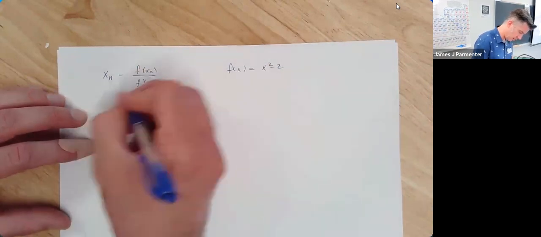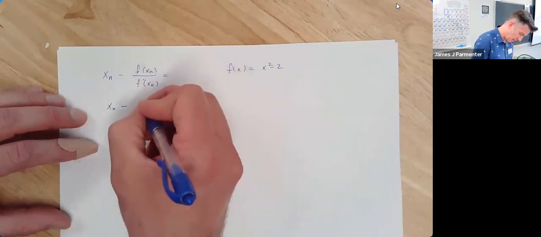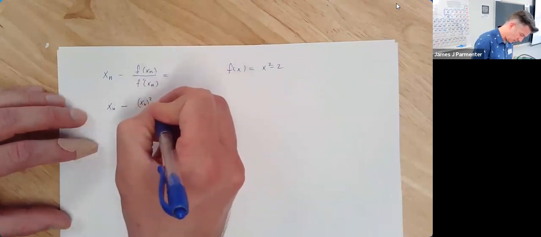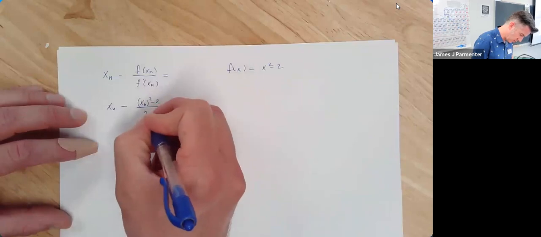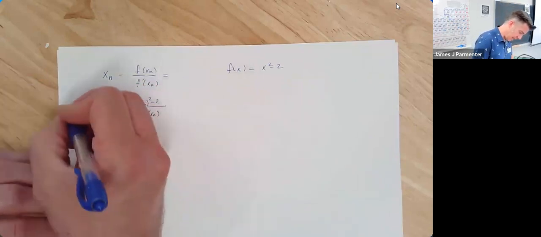This is looking like x sub n minus x sub n squared minus 2 over 2 times x sub n. So that's what I'm thinking of. That's my next guess.